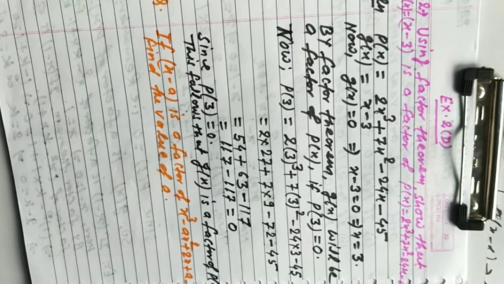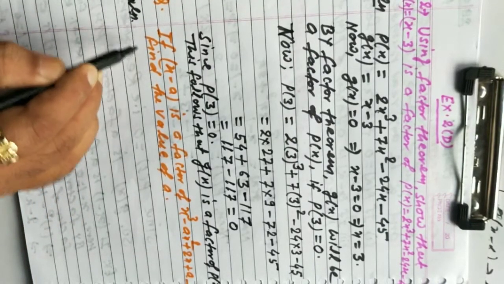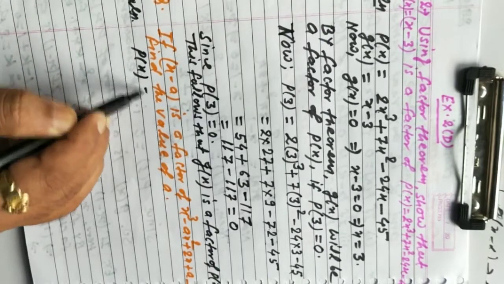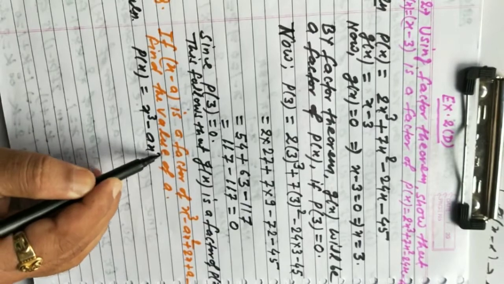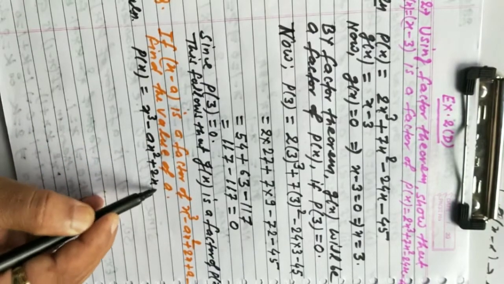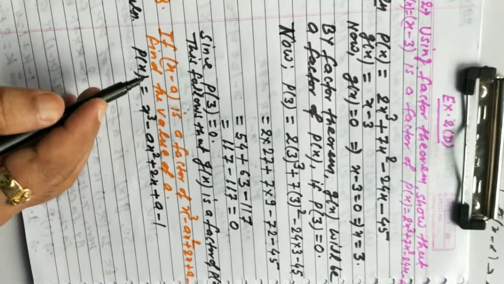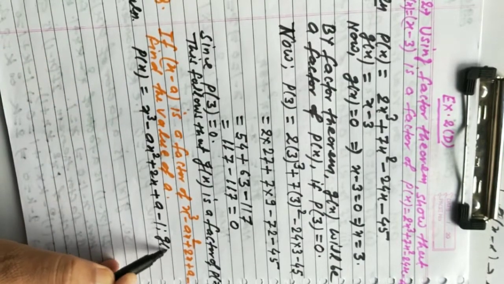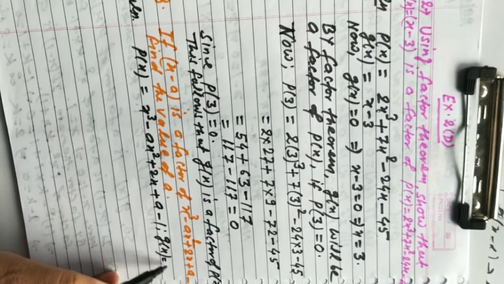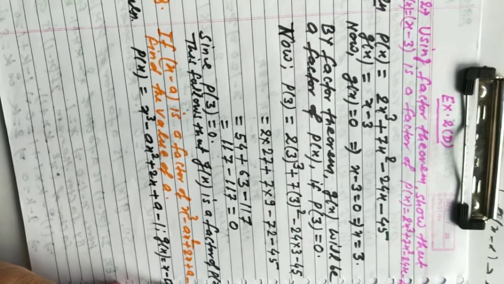So here it is given, write in solution, your polynomial in x is x cube minus ax square plus 2x plus a minus 1, and your g(x) is x minus a.